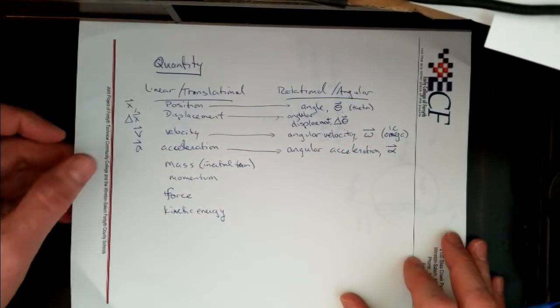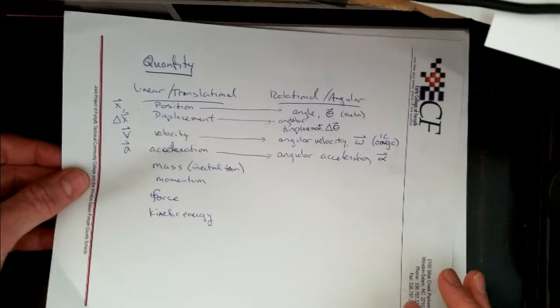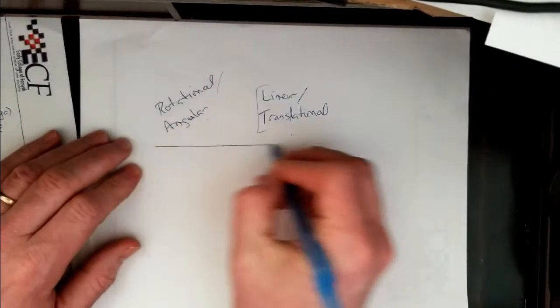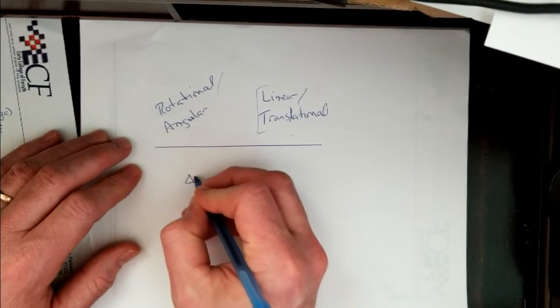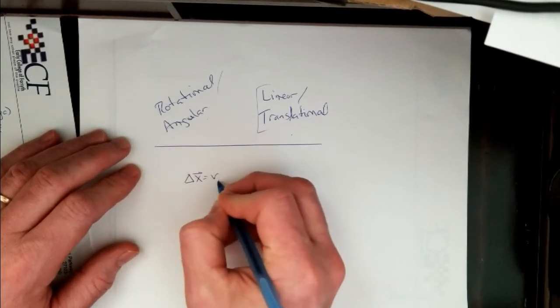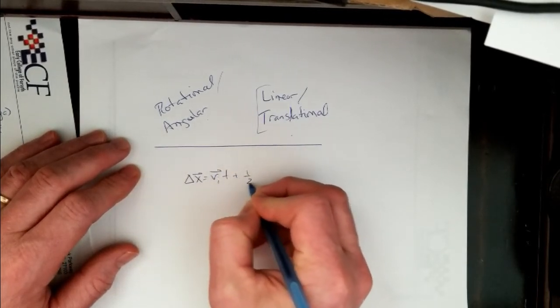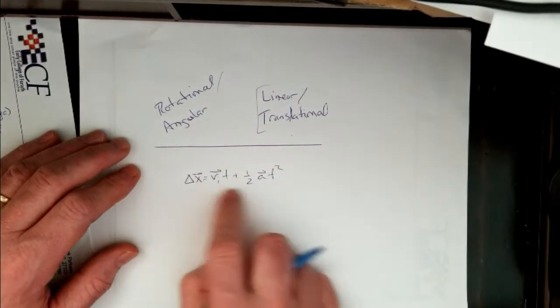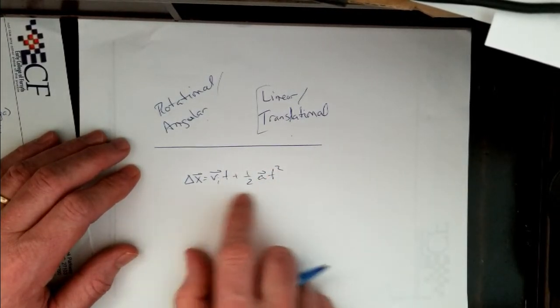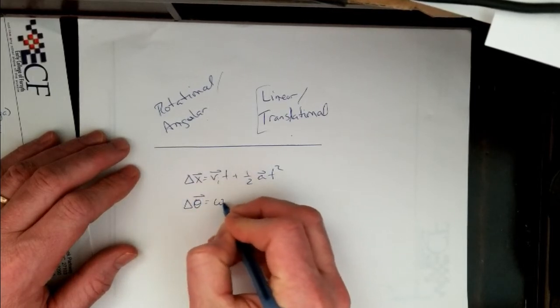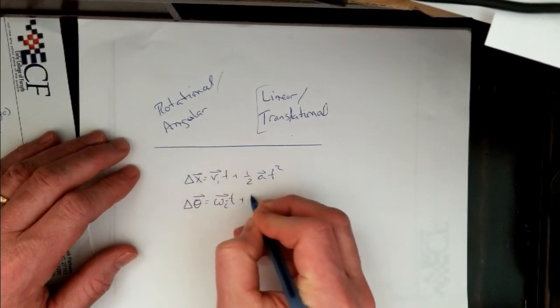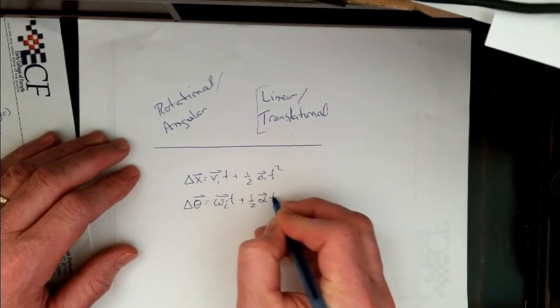Just to give a sample of how we're doubling the number of equations, if we went to one of the kinematic formulas, so let's say delta x equals v_i t plus 1/2 a t squared. This is the linear formula here. To go angular, delta theta equals omega_i t plus 1/2 alpha t squared.